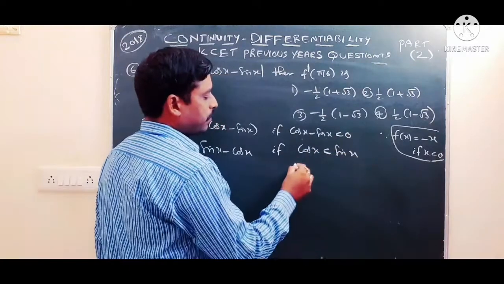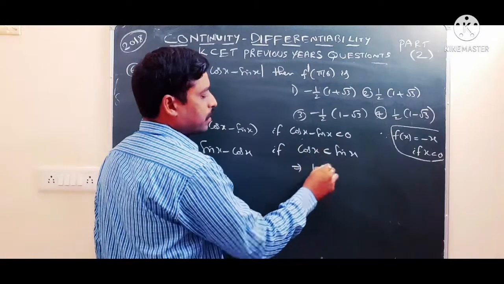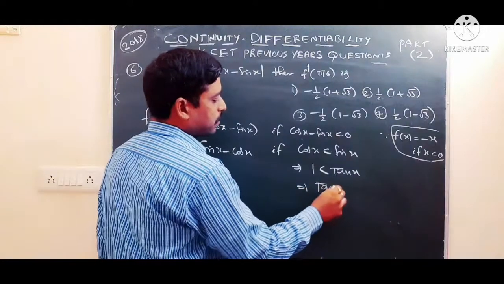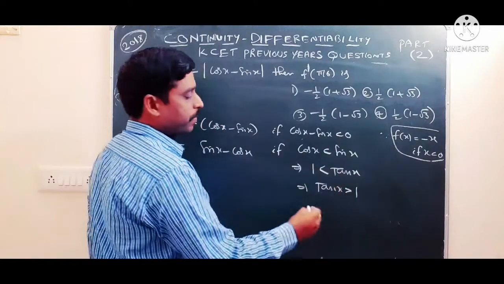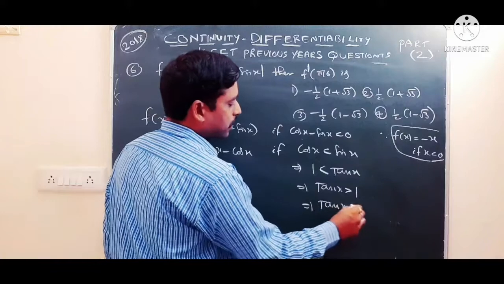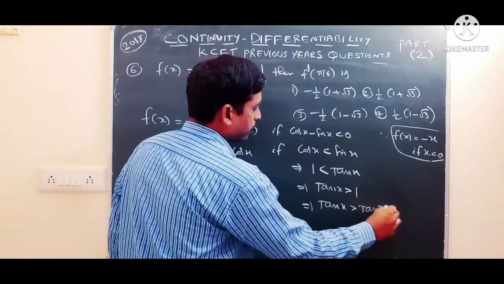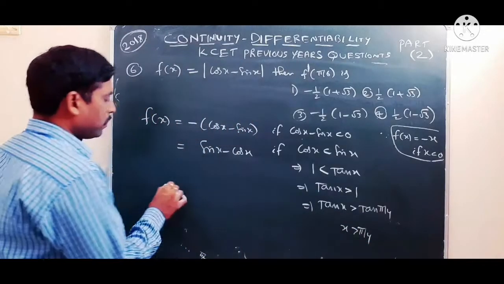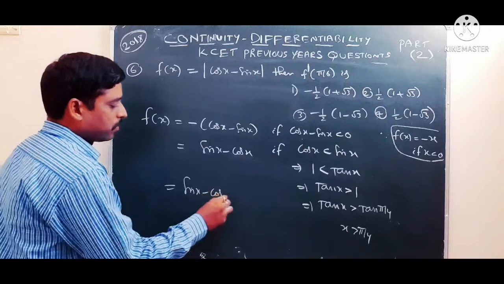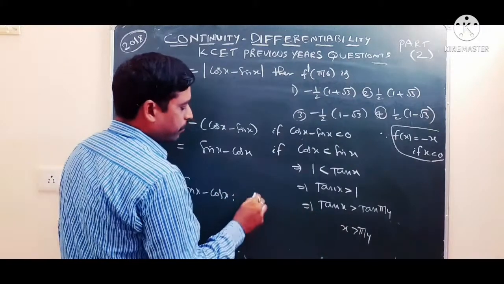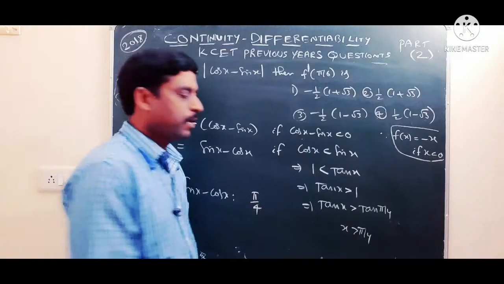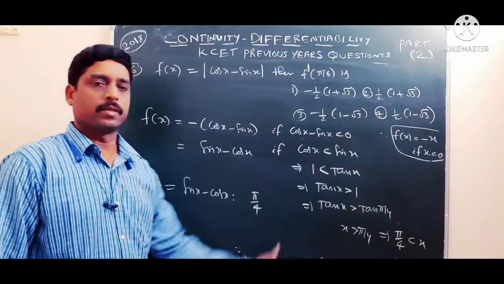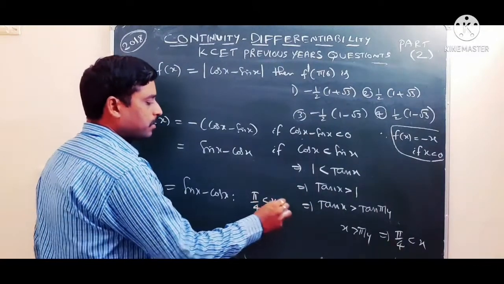This will be 1 less than tan x. So tan x greater than 1 means tan x greater than tan pi by 4. Therefore x is greater than pi by 4. So sin x minus cos x, where the condition is pi by 4 less than x less than pi by 2.